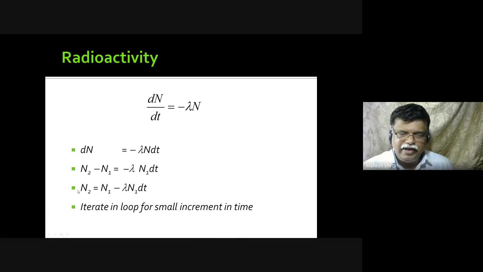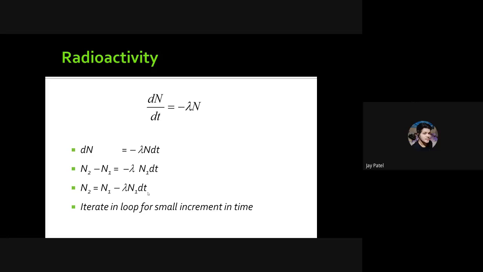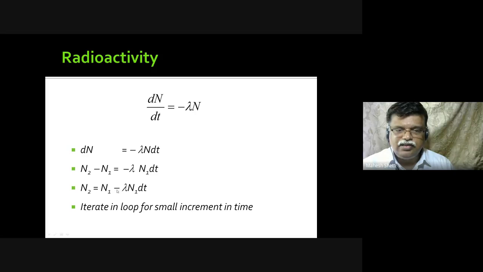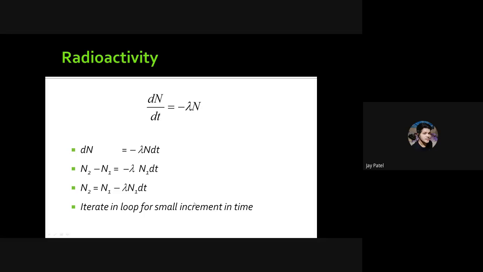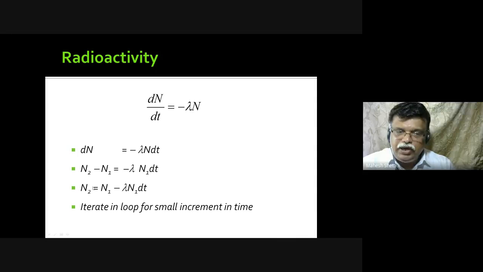N2, that is the next value that you want to calculate, is the earlier value minus lambda, earlier value, into delta t. Pardon? We have not kept that minus sign when finding n2 minus n1. See, this is my final formula.